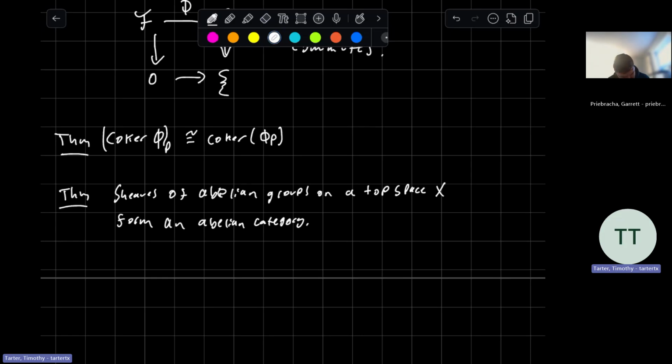And so we've actually proved everything now. Since everything has been shifted to stalks, and since stalks are abelian groups, we have an abelian category. Awesome.